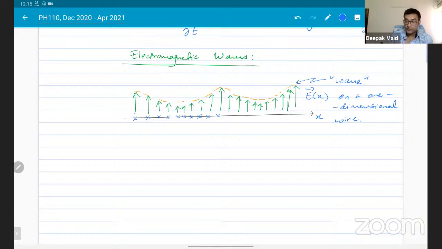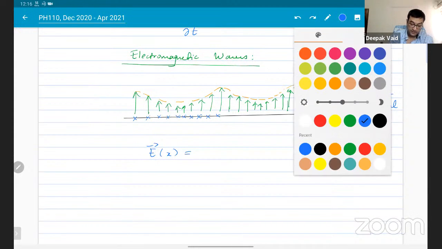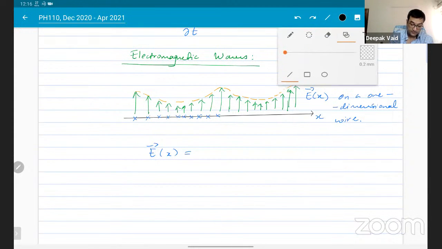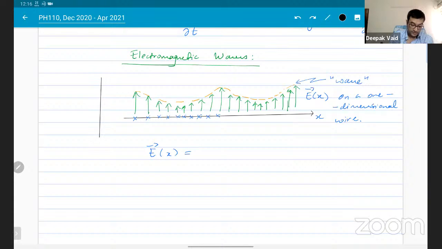Now, when you think of a wave, you have something that normally changes as a function of position, right? So if I have this E of x, and I want to write it as some function of position, let me say this is my z axis and this will be my y axis.